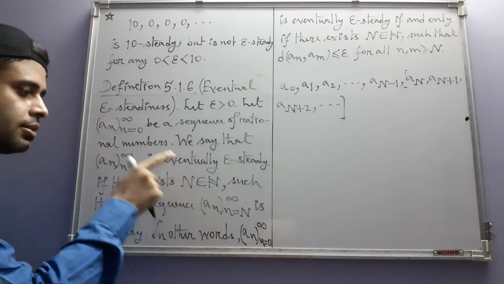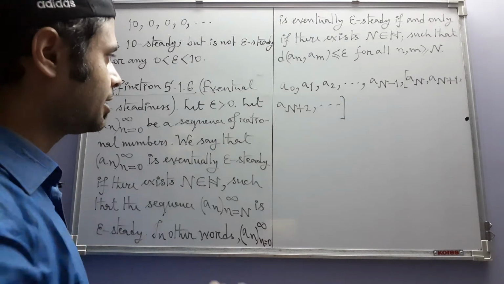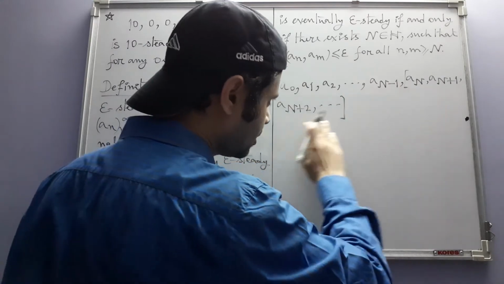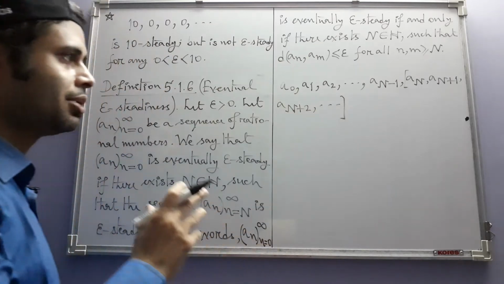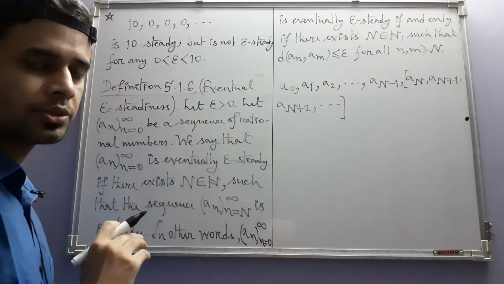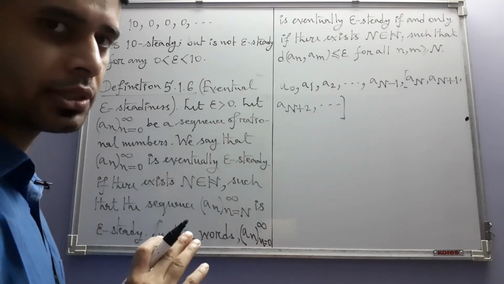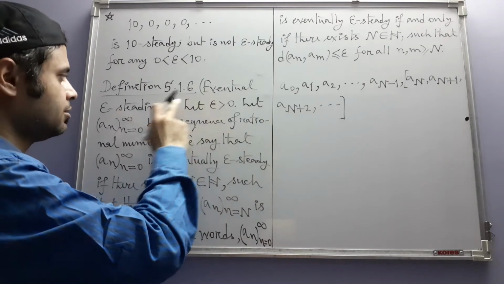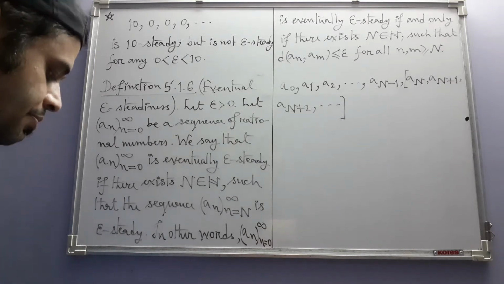If this sequence is epsilon steady, then we will say that the original sequence is eventually epsilon steady, and that's why it's called eventual epsilon steadiness. We don't know when a tail end of the sequence becomes epsilon steady after the removal of first finitely many terms. When that happens we don't know, but it will happen at some stage. Since it eventually happens, we get eventual epsilon steadiness for the whole sequence. That's what the concept is.